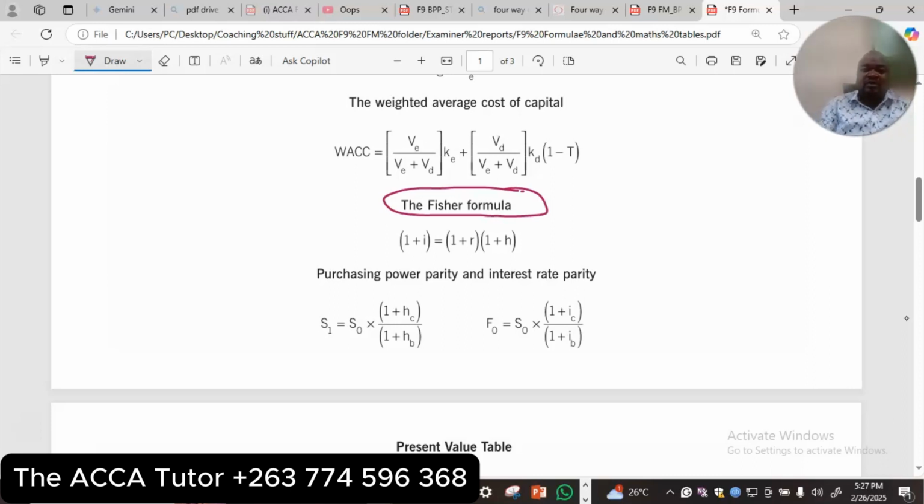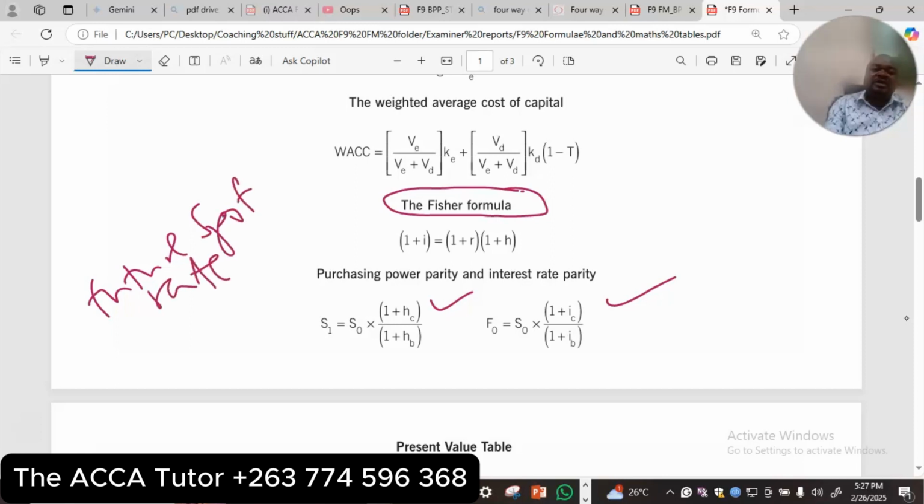Okay, so these other two, this one and this one, are the purchasing power parity and interest rate parity formulae respectively. The first one, the purchasing power parity, is useful to predict the future spot rate. This is the S1, that's the future spot rate.